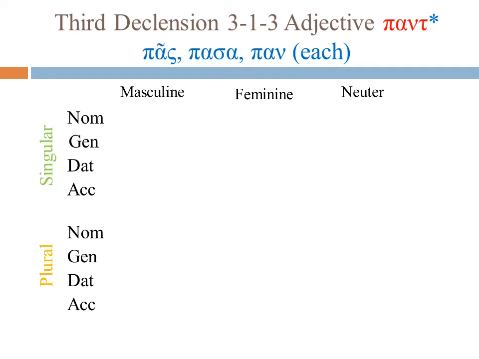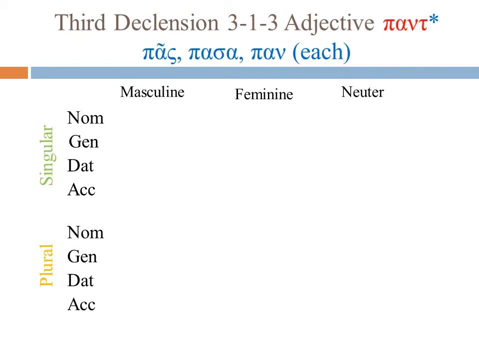Now there are 2 things that are really important that you know the endings of. The easiest way to learn the second declension, the 2-1-2 as we had it before, was with the adjective agathos, agathe, agathon. If we learn that 2-1-2, you basically have everything that you need to know about 2-1-2 declension.